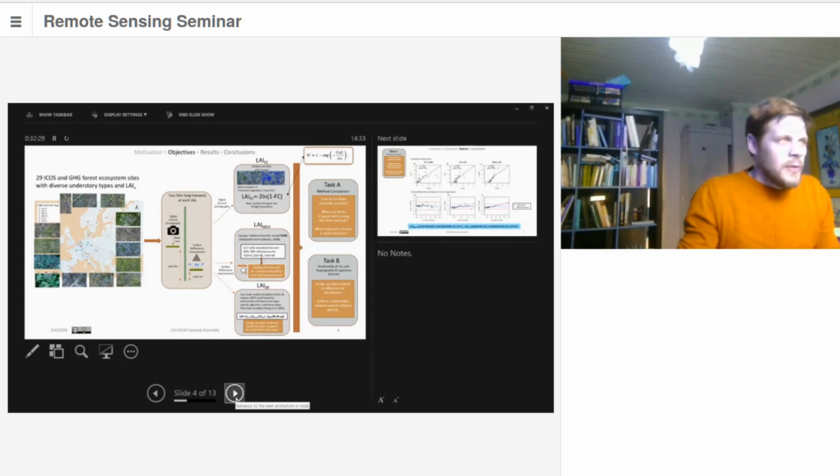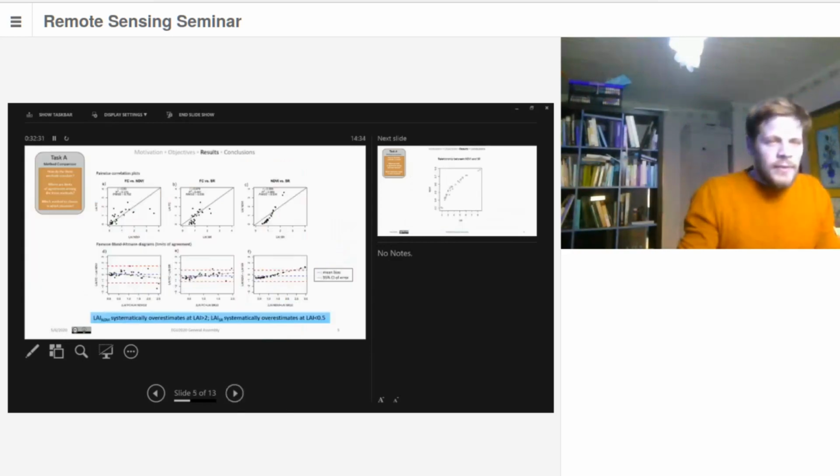Okay, so then I will directly come to some results. What you see here in this upper panel is simply the pairwise correlation between the three methods and some model statistics. From these first three panels, A, B, and C, all of these methods are somehow related to each other, okay?